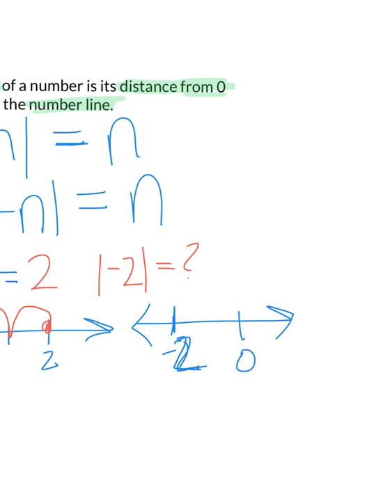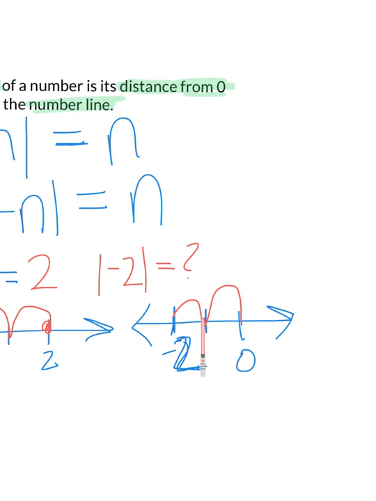There we go. Okay, let me draw my little loops. Okay, so how many units is negative 2 away from 0? So 1, 2. We're not counting negative 1, negative 2.